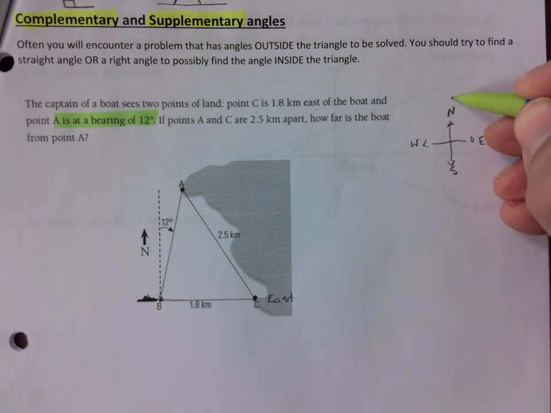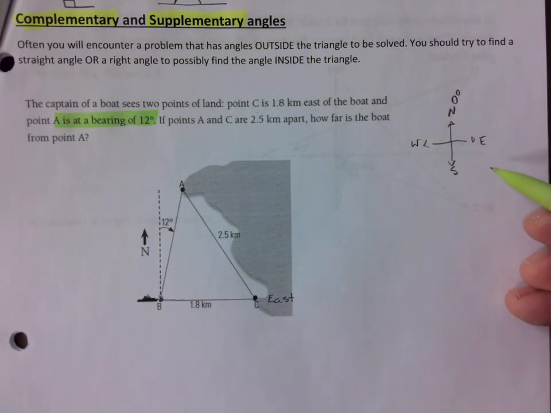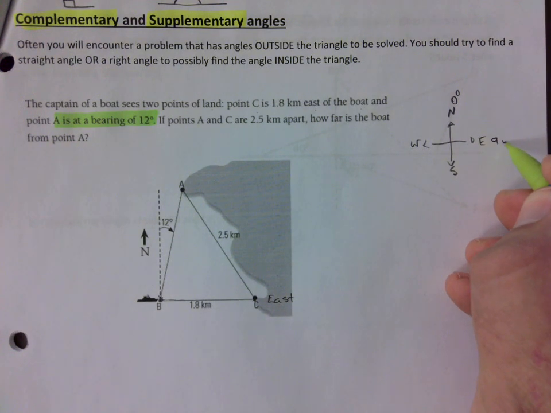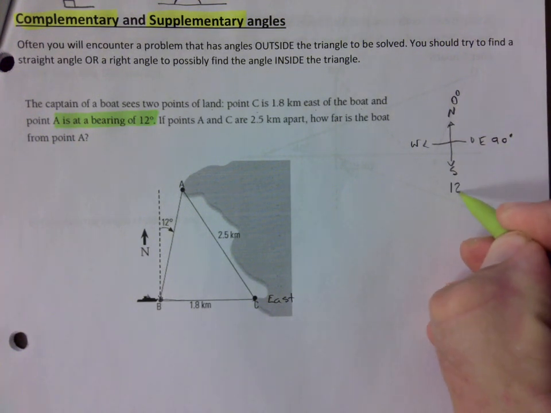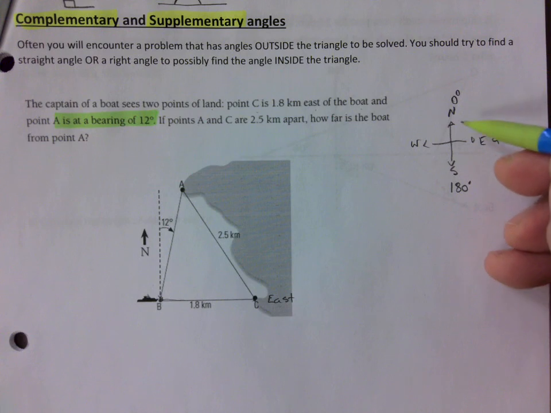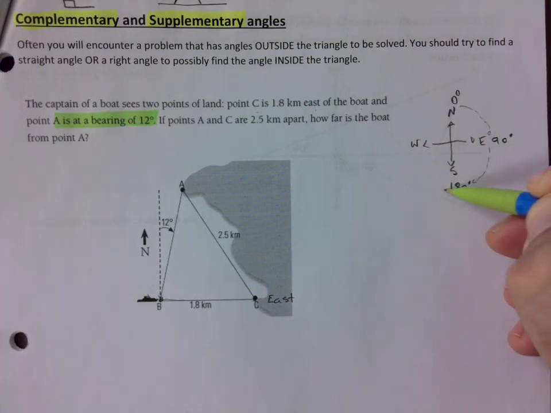North is technically 0 degrees. If you told a captain of a ship, head in a bearing of 0 degrees, the captain would know, okay, you want me to go straight up north. So this would be a bearing of 90 degrees, a bearing of 180 degrees, you would go south. You start here and go around the clock like this.